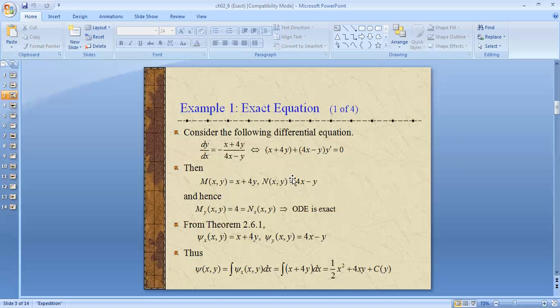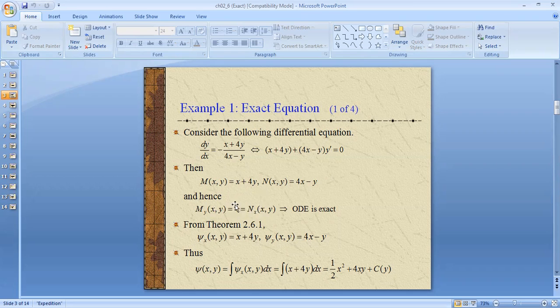Now again taking partial differentiation of n with respect to x, that means del n del x, what will be? 4 into x differentiation, what, 1, and y differentiation will be 0. This is why only 4. So since these two are equal, these were m dx plus n dy, and del m del y equals del n del x.